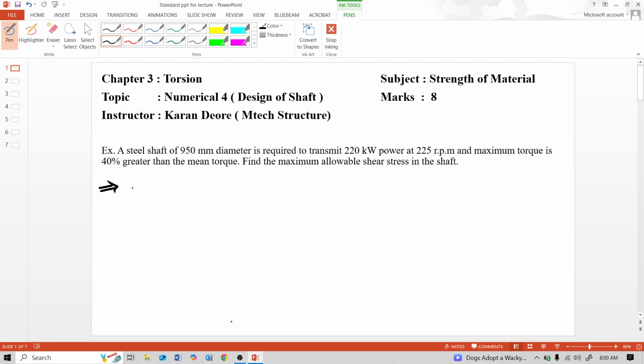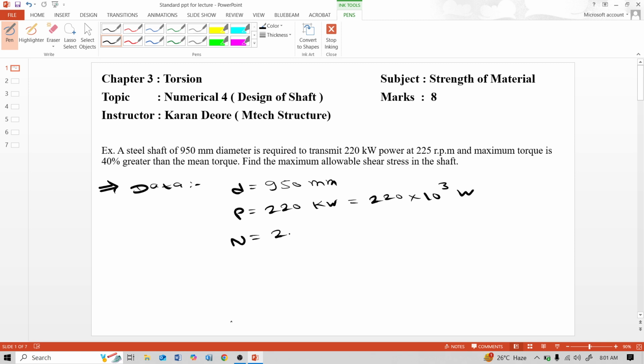So first, write the given data. Diameter, denoted as small d, is 950 mm. Power is 220 kilowatt, that means 220 into 10 raised to 3 watt. Number of revolutions is 225 revolutions per minute, and maximum torque is 1.4 into mean torque.